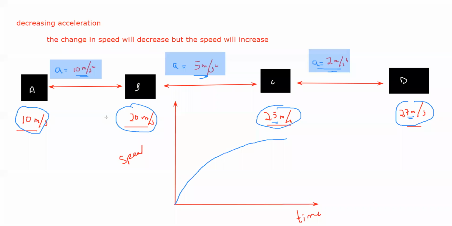So these are the 4 graphs which you should understand, the concept of these graphs, and explain what happened to the acceleration of an object. Is it clear? Take the screenshot. I will explain the deceleration now.